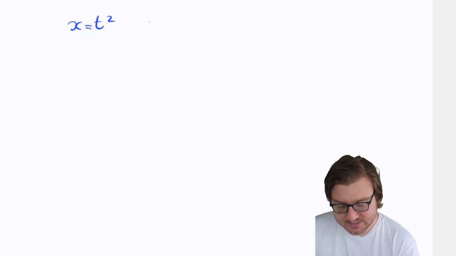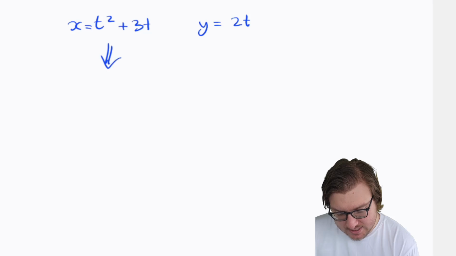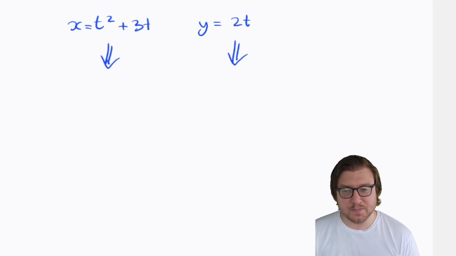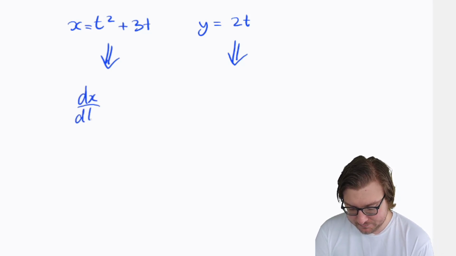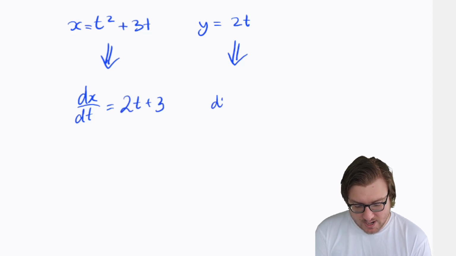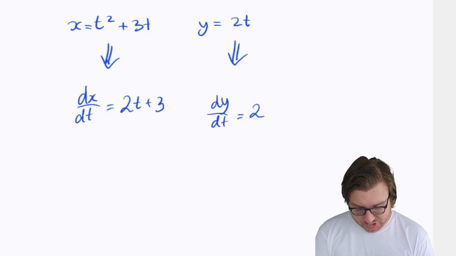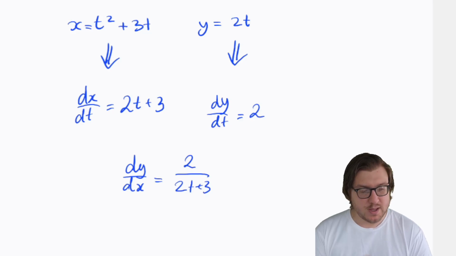We have x is t squared plus 3t and y is equal to 2t. Again, each of these we'll have to differentiate separately. So for the first part, we're going to get dx/dt is equal to 2t plus 3, and dy/dt is equal to 2.